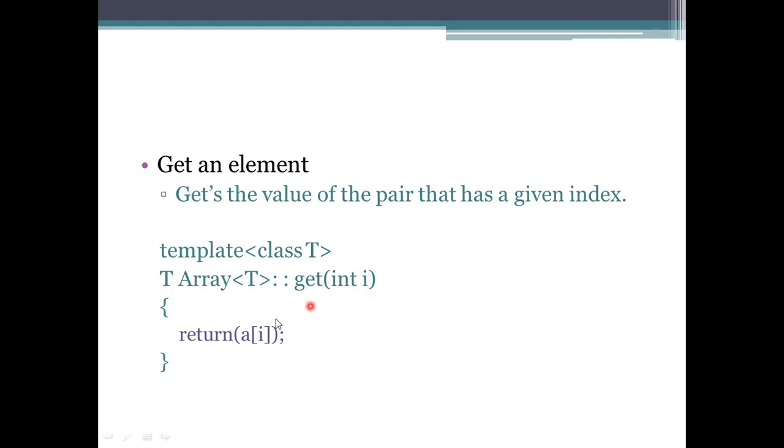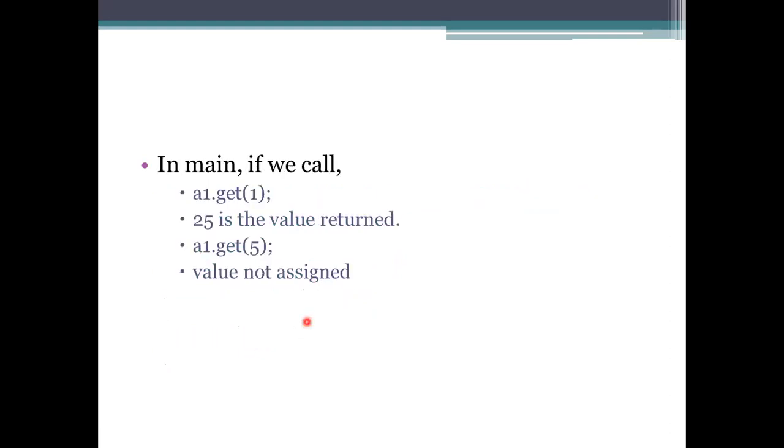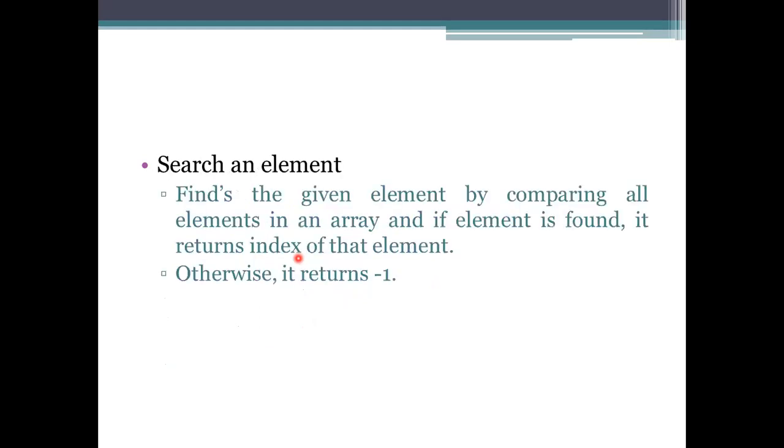This index value will be substituted here and it will return the specified value. So get of 1 means index 1 has the value 25, and if you specify 5, it won't return any valid value. It may return garbage or some other representation because it has not been assigned till now. So that is getting an element.